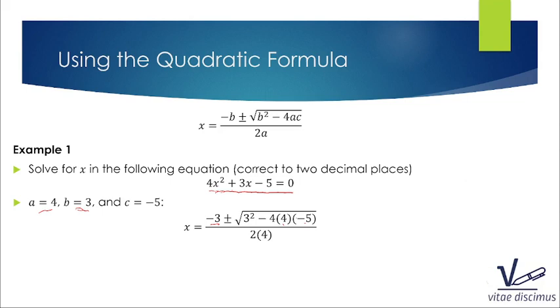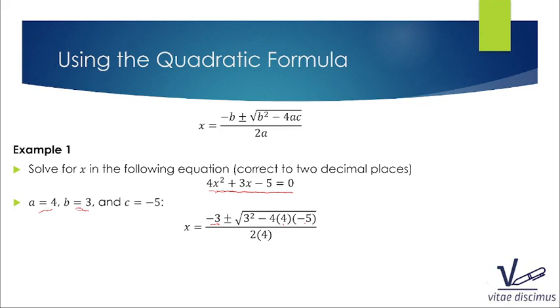When you put that in your calculator, you can put everything in at once. Minus 3 plus the square root of 3 squared minus 4 times 4 times minus 5, over 2 times 4.